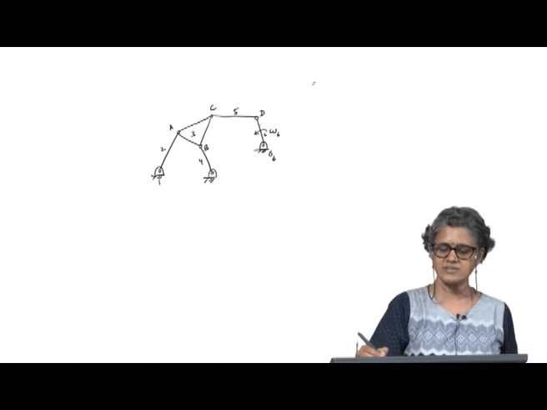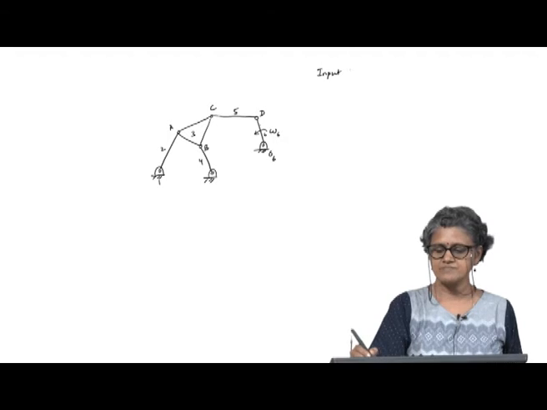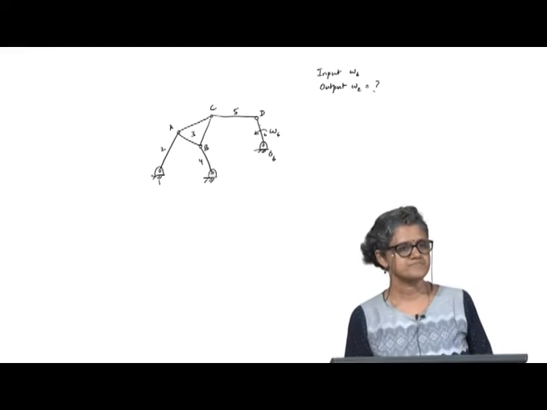it by instant centers. So, I want to find input is omega 6, output omega 2 equal to what?